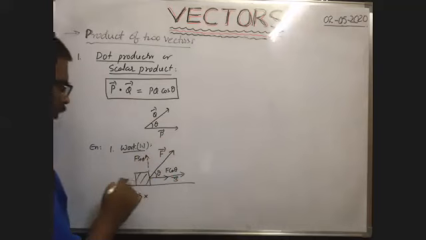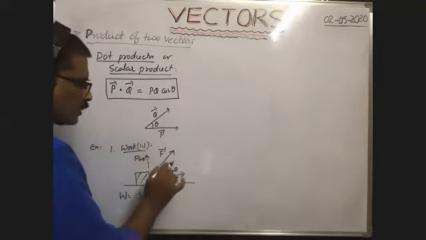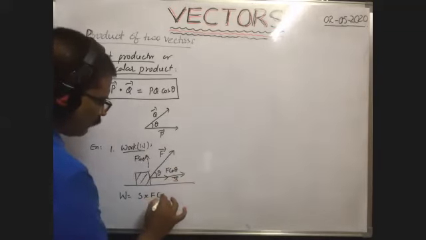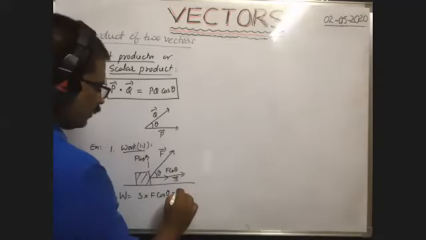According to the definition of work done, displacement into the force component along the direction of displacement, that is F cos theta. Already you know this formula. We can write W equals F s cos theta.